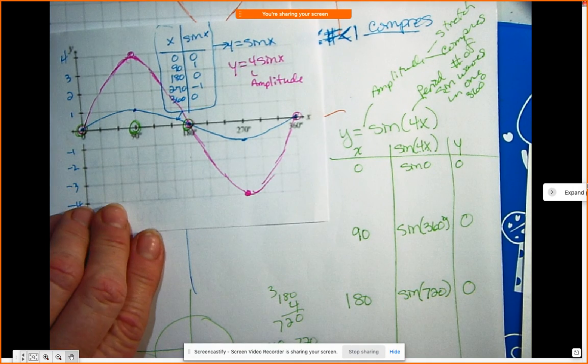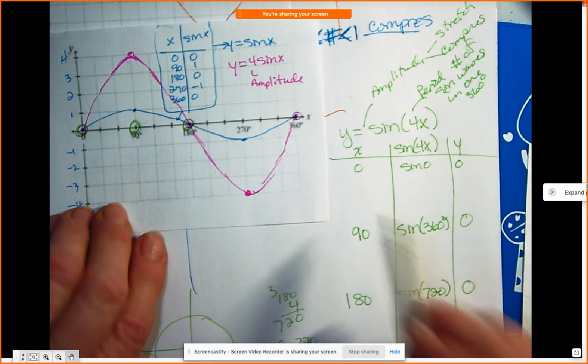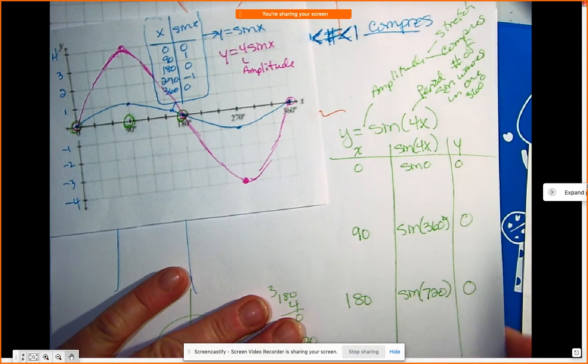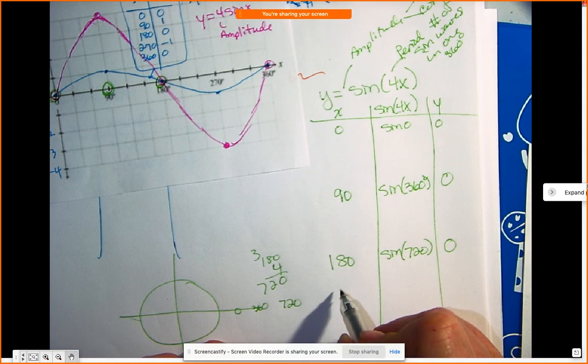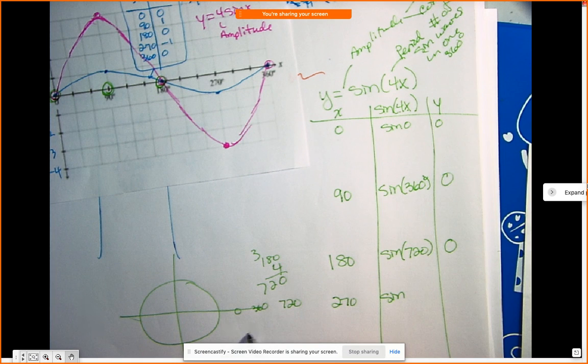So far, I have no idea what's happening on this graph. I'm going to have to pick some numbers in between. I'm going to go ahead and do the next one, 270. Sine of 270 times 4, 1,080.